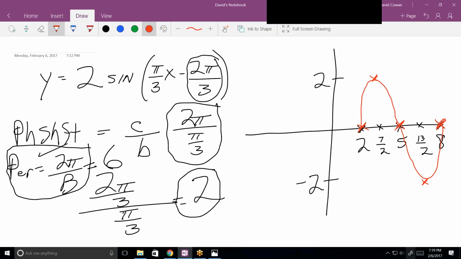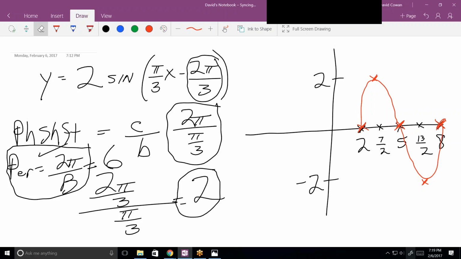When she says graph one period, you don't have to necessarily go to the origin. I did my job. I drew one period of it. If they say draw 2 periods, then I would just draw another one to the right, going out 6 more units to 14.